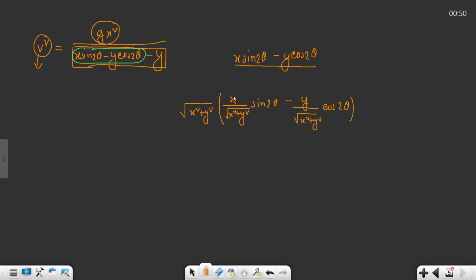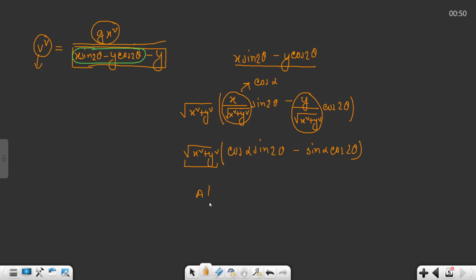Now you can consider this to be cos alpha, right? If you consider this to be cos alpha, then this automatically becomes sine alpha. So then we have root over x squared plus y squared times cos alpha sine twice theta minus sine alpha cos twice theta.